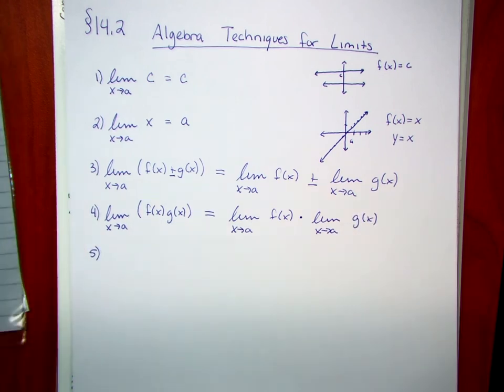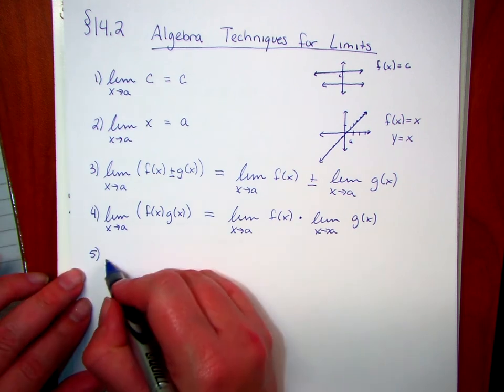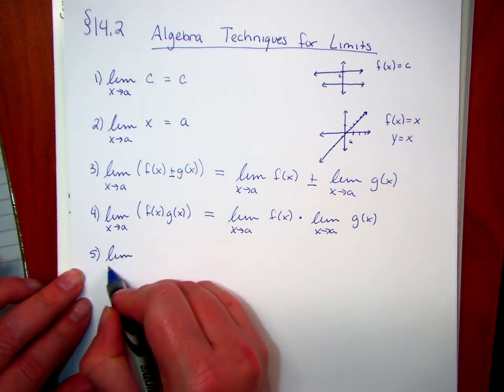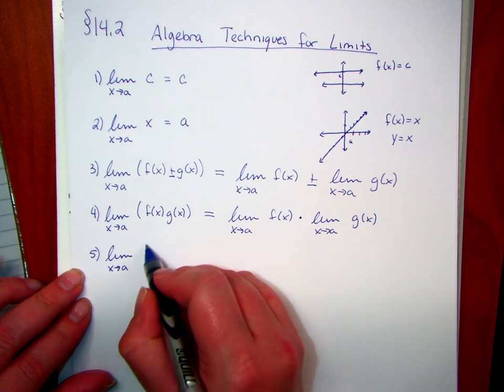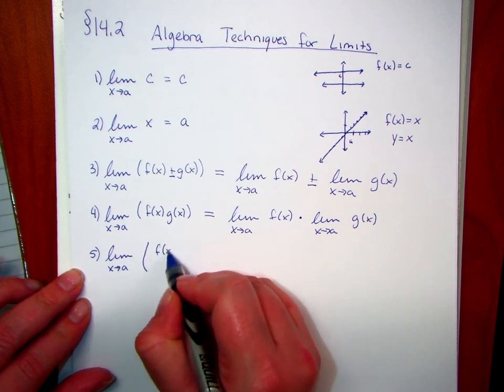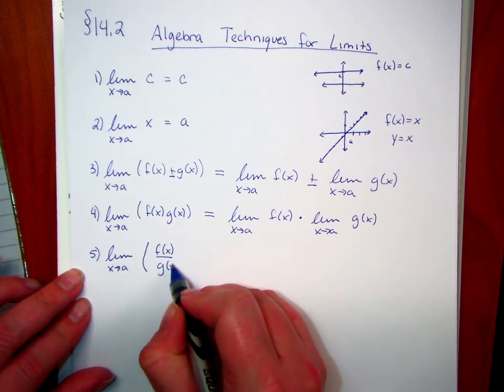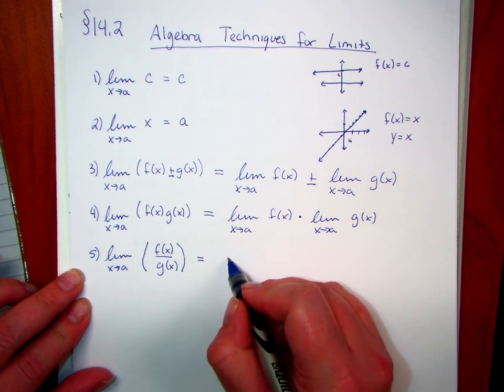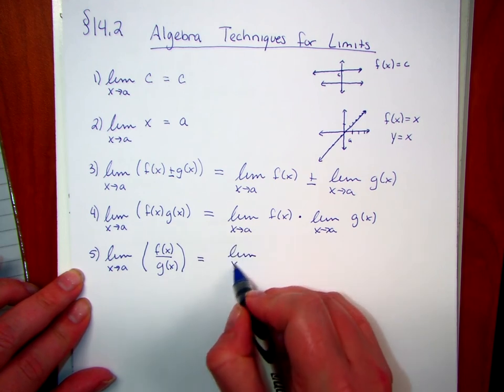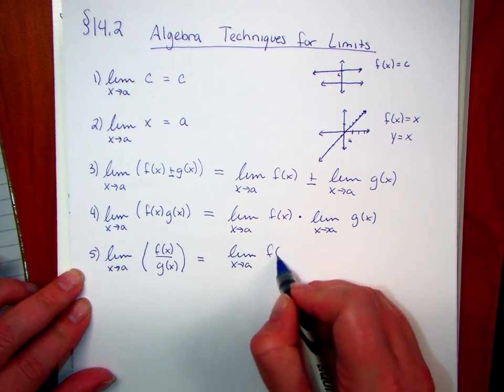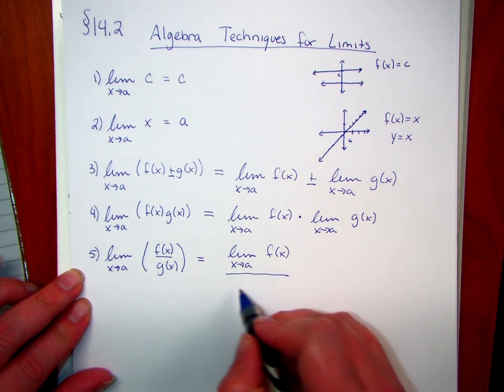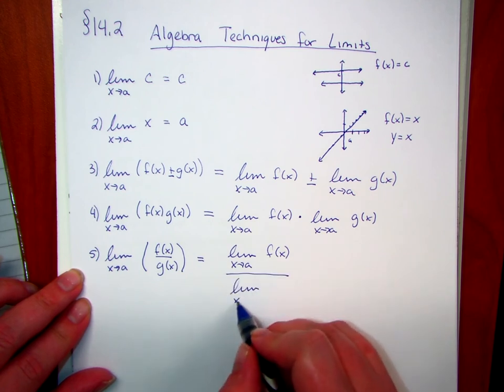Number 5 is the quotient one, right? The limit of a quotient is the quotient of the limits. So we get the limit of f divided by g means we can take the limit of f and divide it by the limit of g.